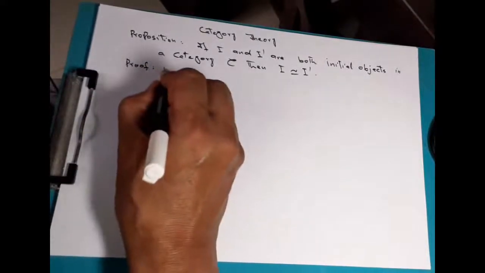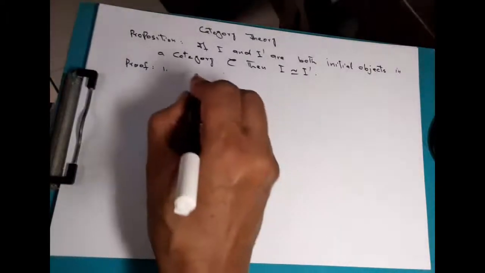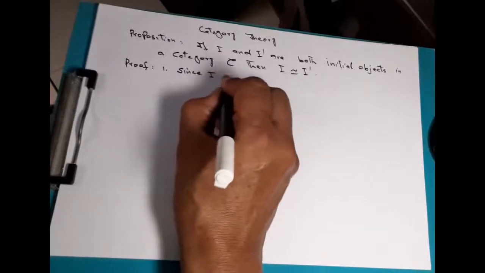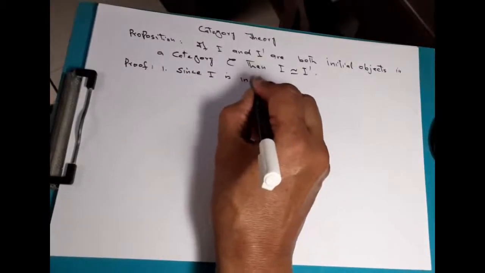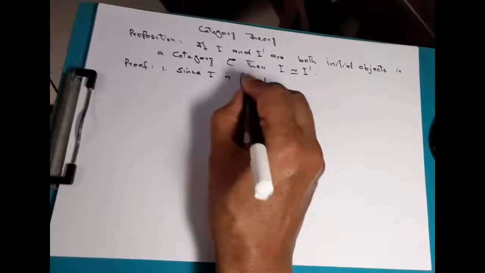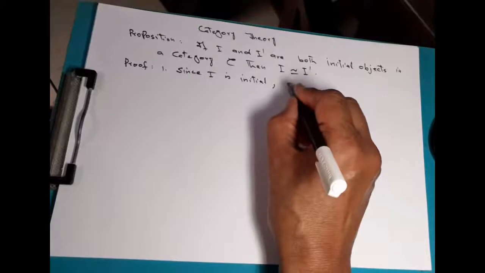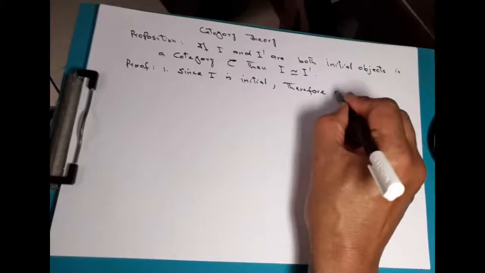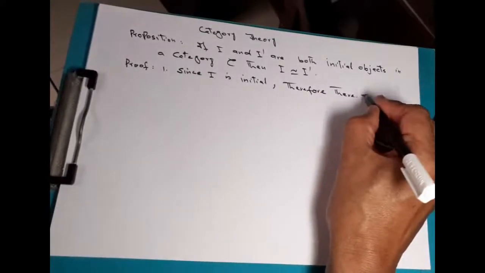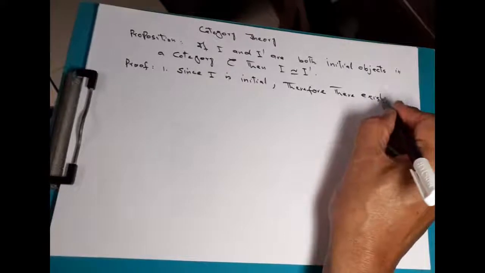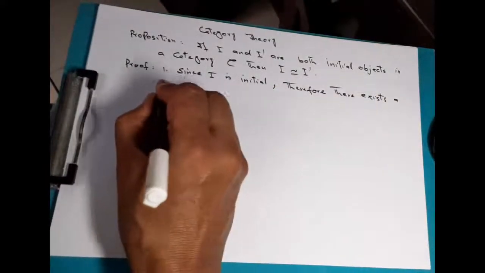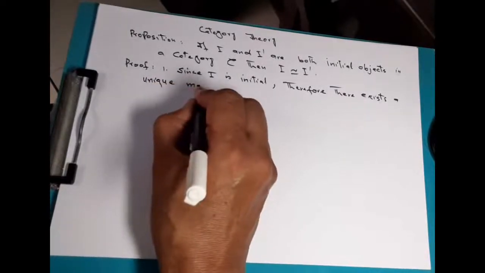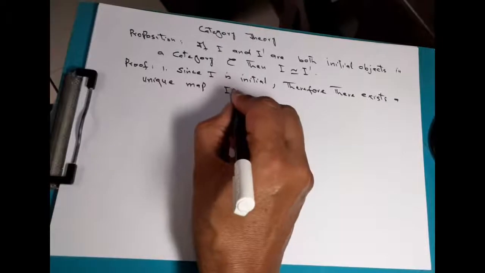Note that since I is initial object, therefore there exists a unique morphism, a unique map from I to I dash.